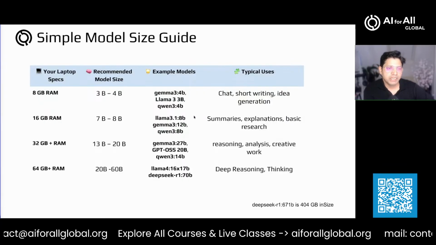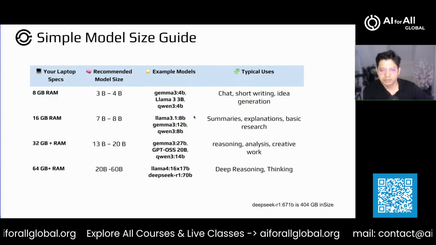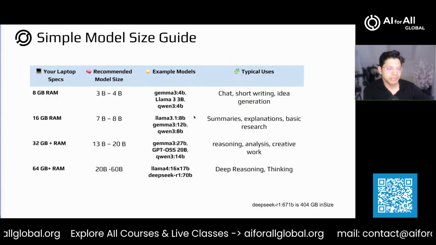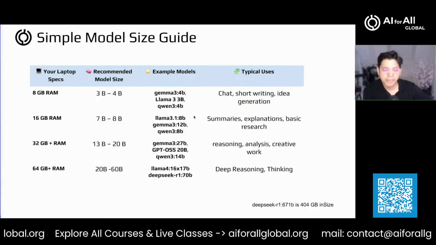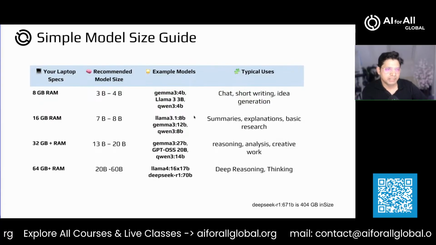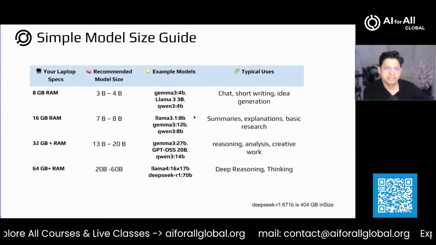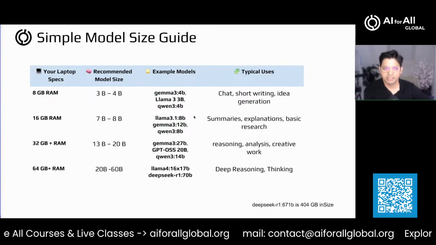For an 8 GB RAM machine, though nowadays most laptops are coming with 16 gigabytes and above, practically a model that is 3 billion to 4 billion in size is enough on those laptops.